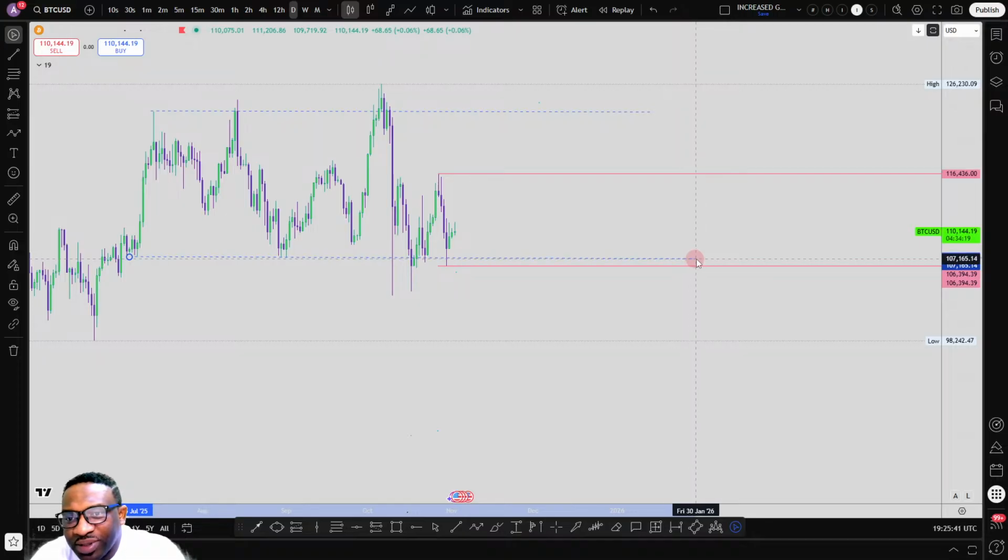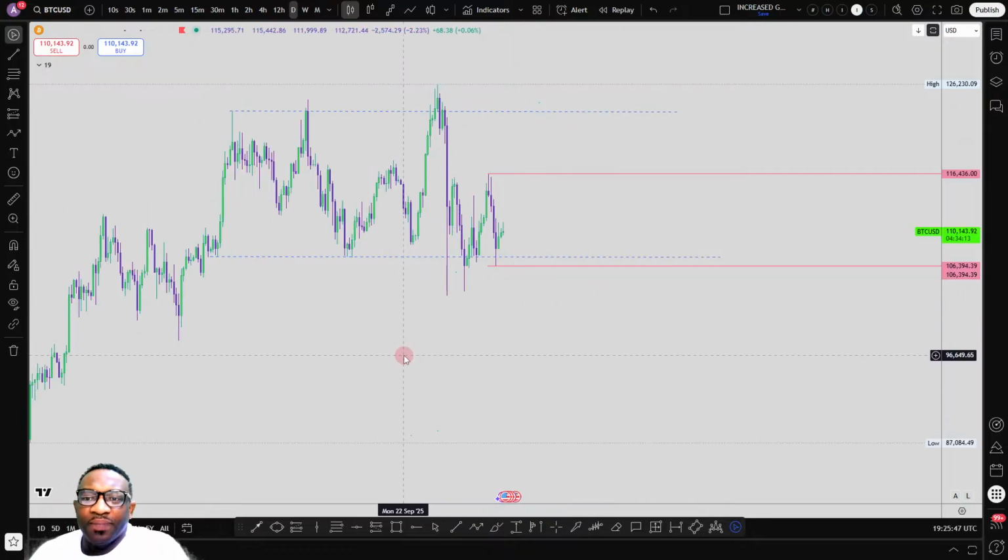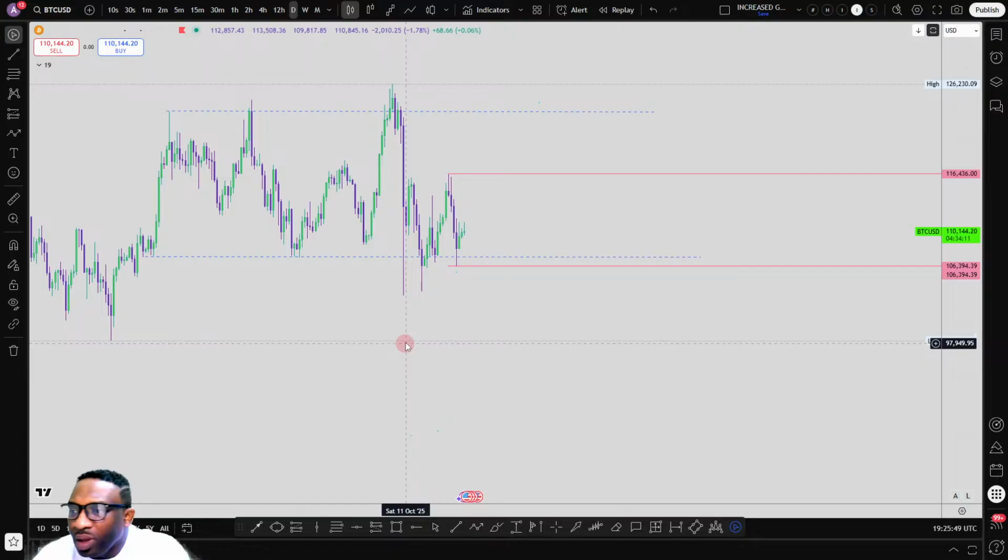So if we are moving sideways, that is how we could be targeting to trade this pair.